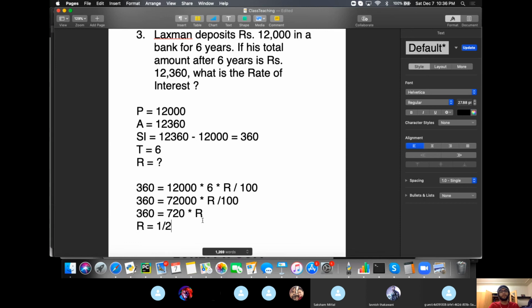Did I do some mistake somewhere? No, all good. R becomes half. So half is, we can say, 0.5. So this is 0.5% interest, which is very less.